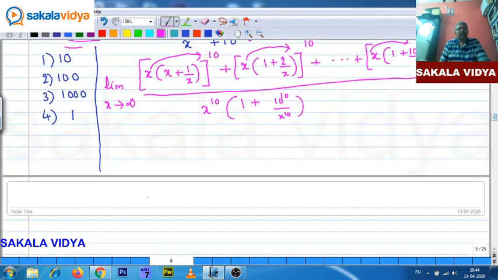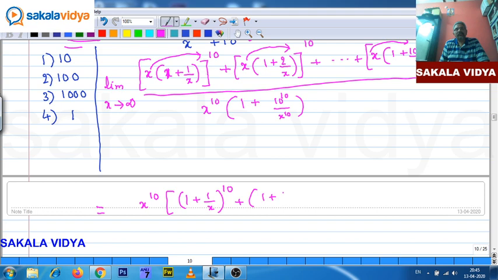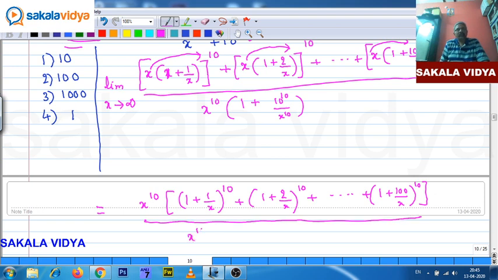If you take x power 10 common, you have like this: 1 plus 1 by x whole to the power of 10 plus 1 plus 2 by x whole to the power of 10 and so on plus 1 plus 100 by x whole to the power of 10. You need not expand any term, that's all. So upon here x to the power of 10 into 1 plus 10 by x whole to the power of 10.